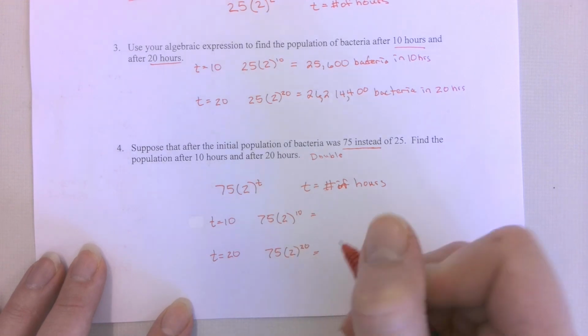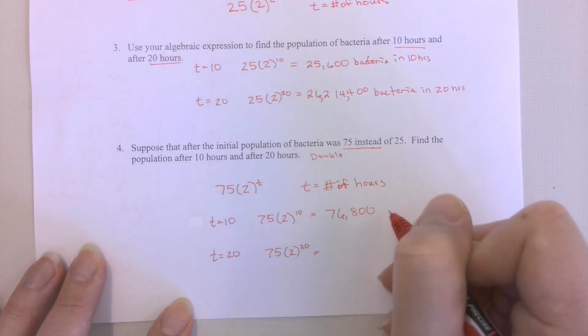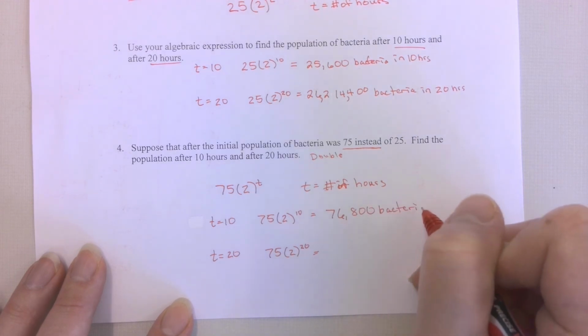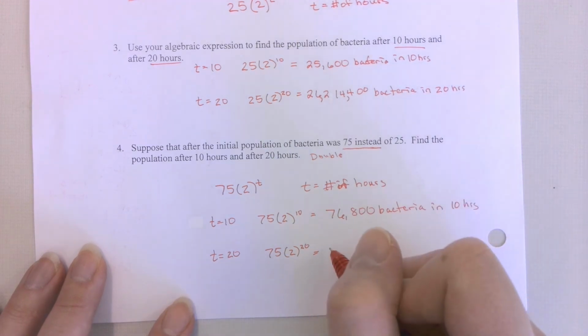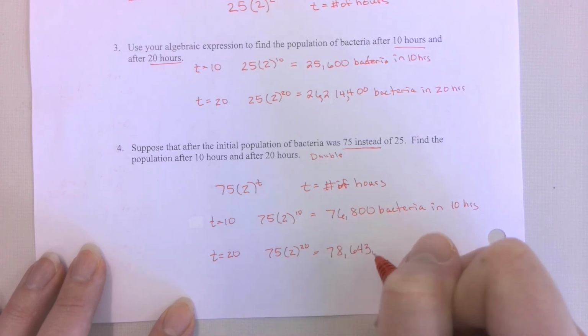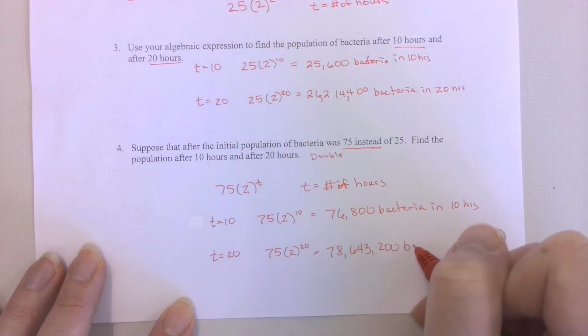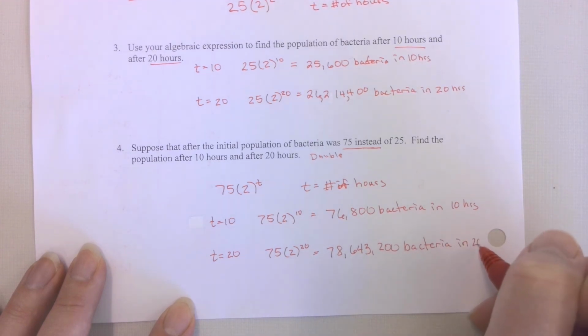So go ahead and type that in a calculator. You'll get 76,800 bacteria, and that is in 10 hours. And you'll get 78,643,200 bacteria, and that is in 20 hours.